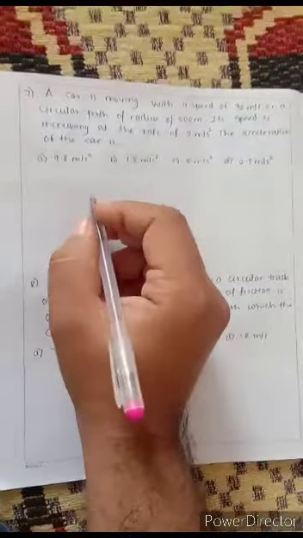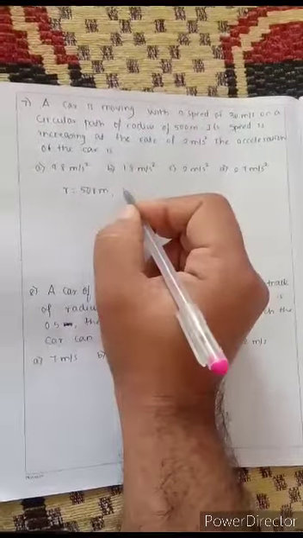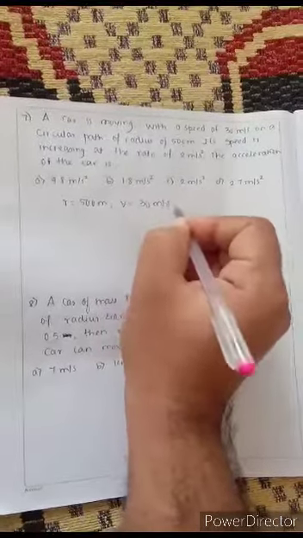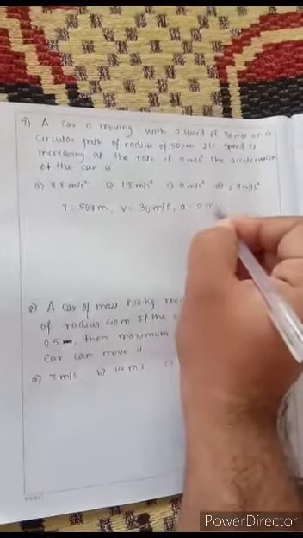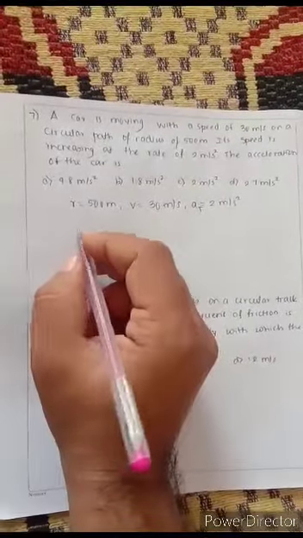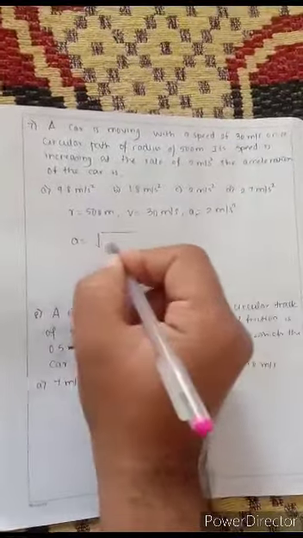See, we have been given radius is 500 meters. Again we have speed, that is velocity, 30 meter per second. Again acceleration is given, which is tangential acceleration 2 meter per second square. Okay, so as we have discussed in our previous problem also, total acceleration is given by under root of a_r square plus a_t square.